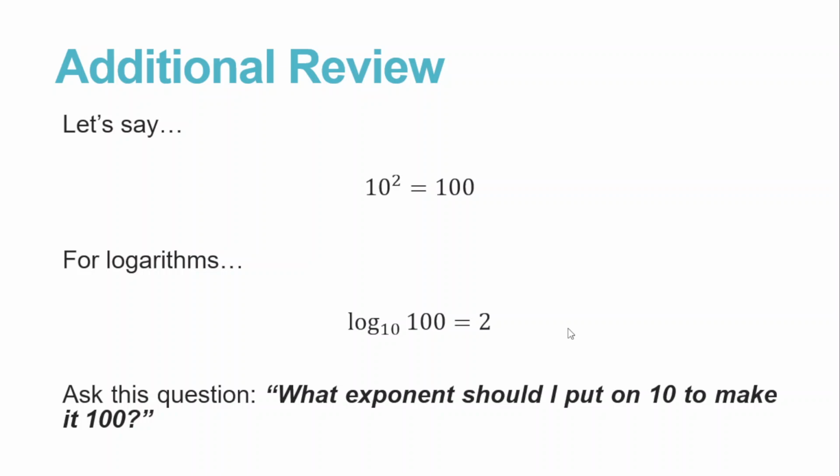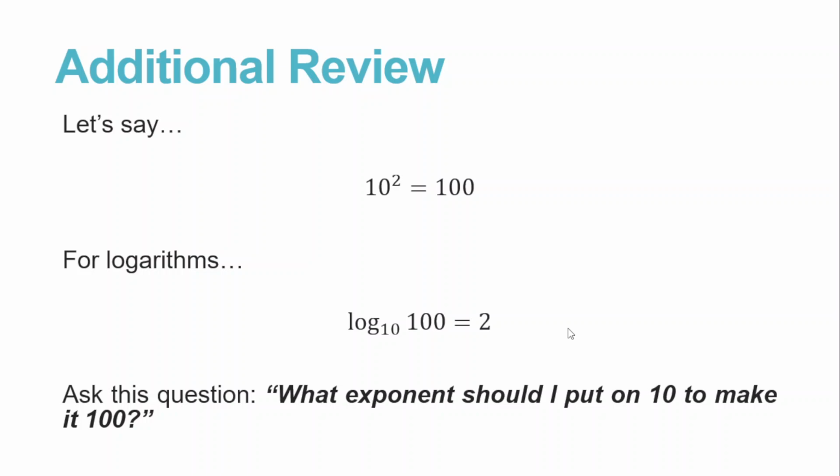Then the logarithm is just the reverse question. For example, what power of 10 gives 100? That means the answer is 2, because 10 squared is equal to 100. So when we're looking for the power, we write log base 10 of 100 is equal to 2.